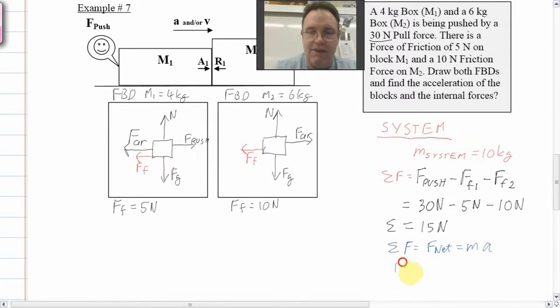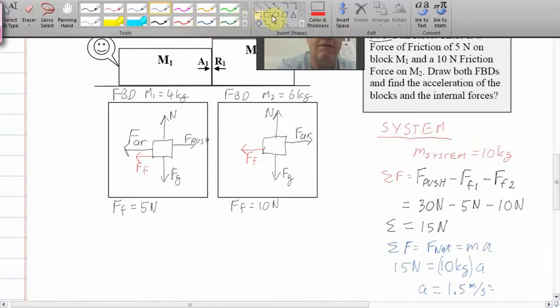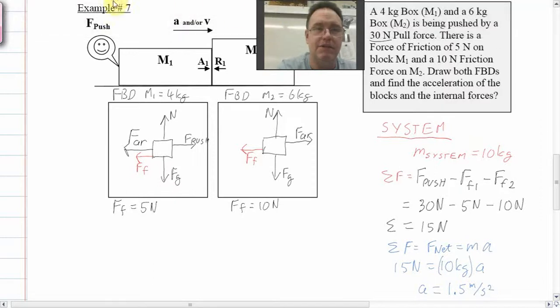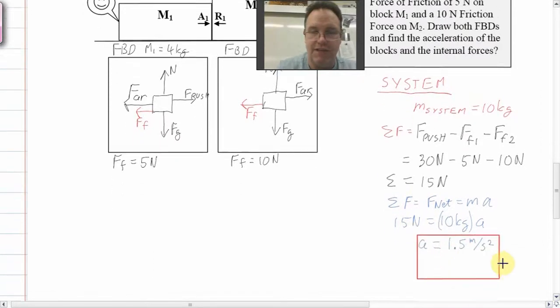That's 15 newtons equals the mass, 10 kilograms, times A. And we get an acceleration of 15 divided by 10, 1.5 meters per second squared. We'll box that off. That's one of the answers that it asked for.